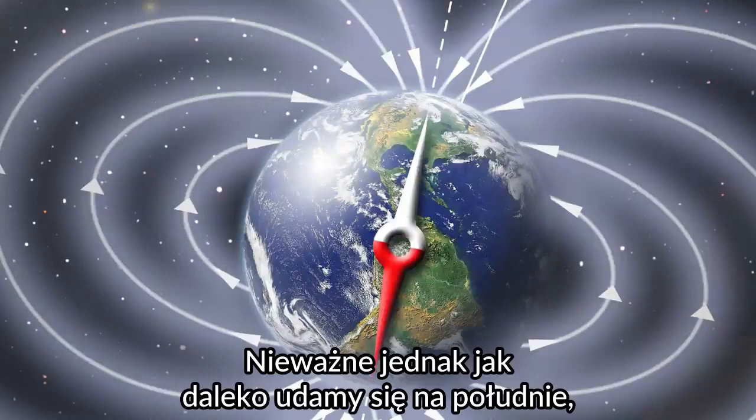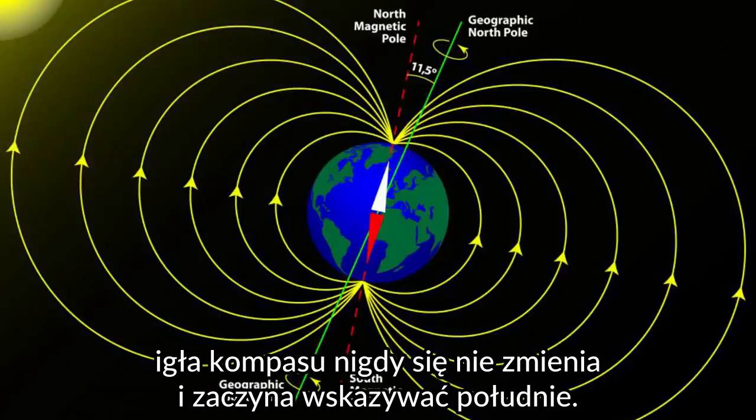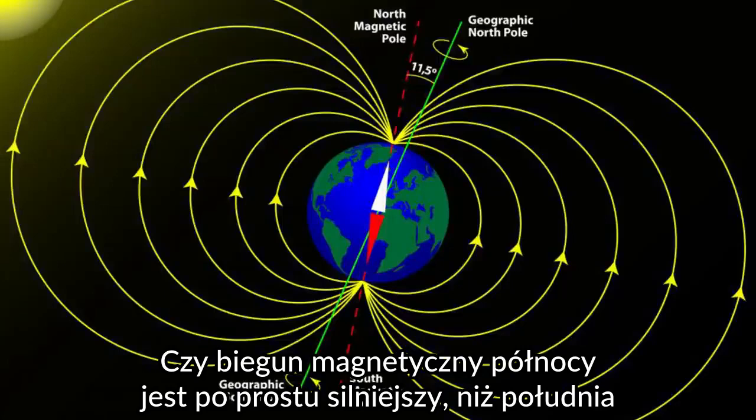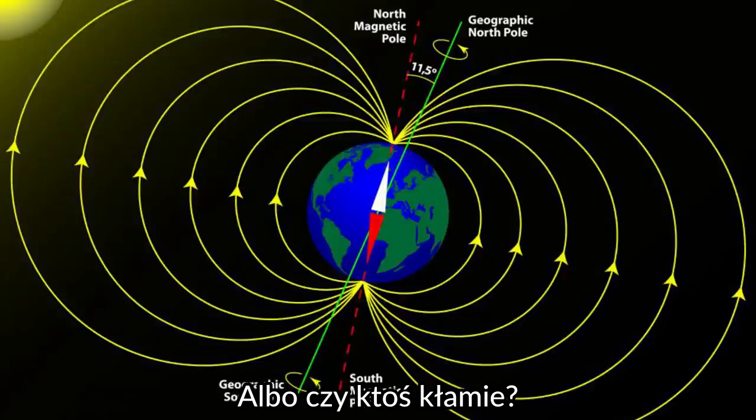Yet no matter how far we go south, the compass's needle never shifts and begins pointing south. It always points north. Is the north's magnetic pole just stronger than the south's and able to overpower it no matter how south you go? Or is somebody lying?